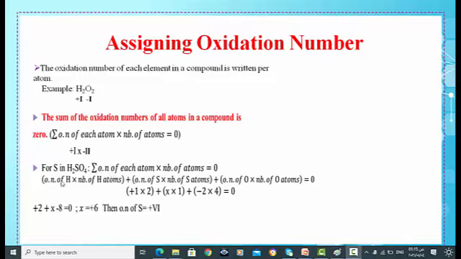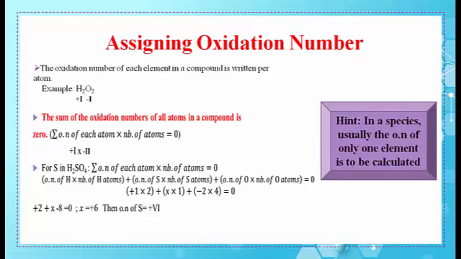Then the oxidation number of hydrogen, which is +1, multiplied by the number of hydrogen atoms, which is 2, plus the oxidation number of sulfur, which is X, multiplied by the number of atoms of sulfur, which is 1, plus the oxidation number of oxygen, which is -2, multiplied by the number of oxygen atoms, which is 4, must be equal to 0. We determine X, we find that X is equal to +6, thus the oxidation number of sulfur is +6.